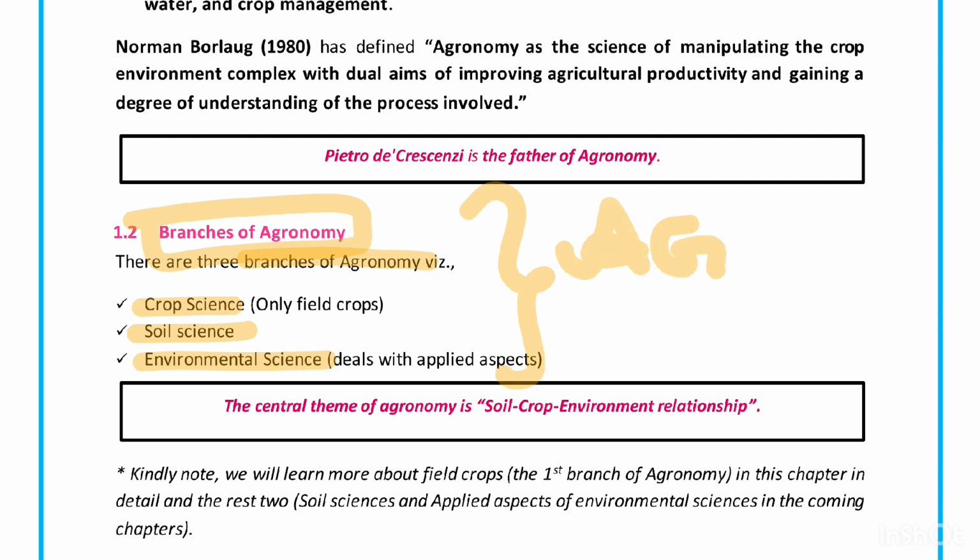To make it understood in a better way, the very first one is crop science, only field crops, in which we are dealing with the sowing of crops, maintenance of the crops, their harvesting, their production, and post-harvest management. The science behind all these activities is under crop science.